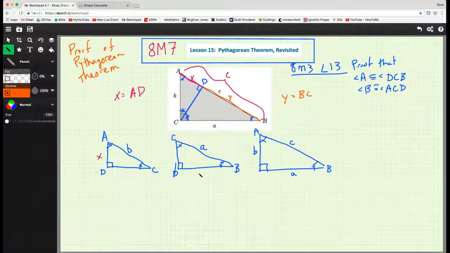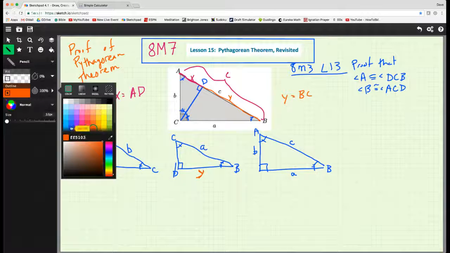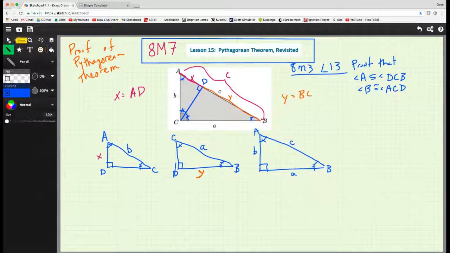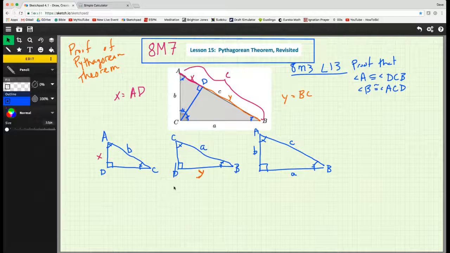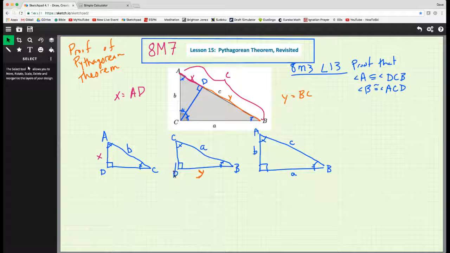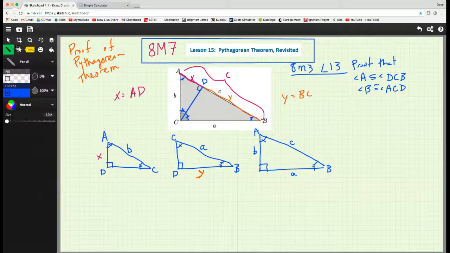BD is Y, so that's here. Okay, so now here's where the cool thing about the proof comes in.